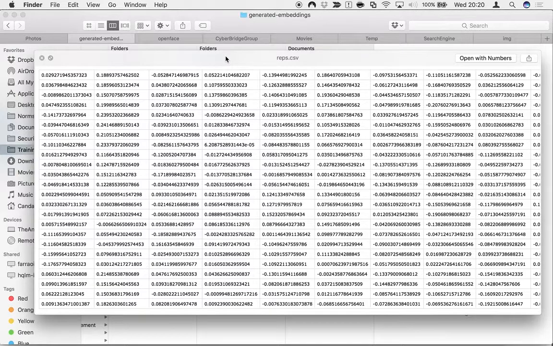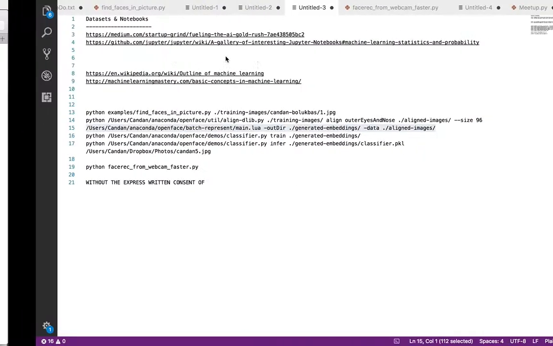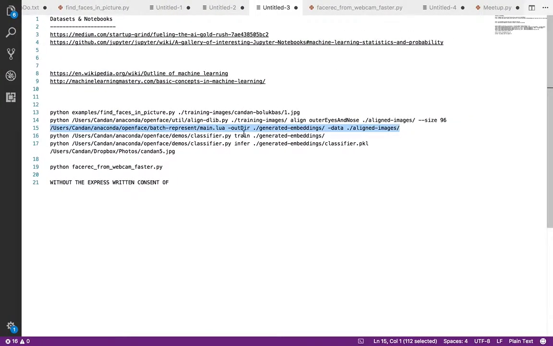So that's why they look exactly the same to us, but for the machine it is different. Okay, so we have this command that helps us generate these things, and at this point we are in a position where we have the face representation and also our classification.